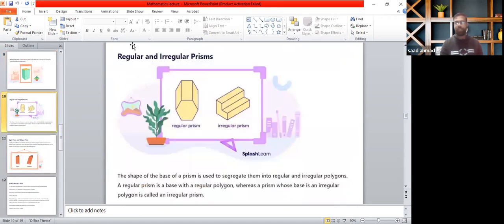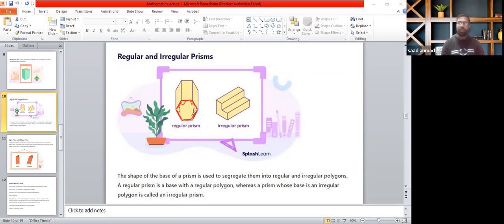Okay, so next thing is regular and irregular prisms. Regular means the base of the prism is regular, like this. Regular means all the side lengths are equal and they have the same angles.